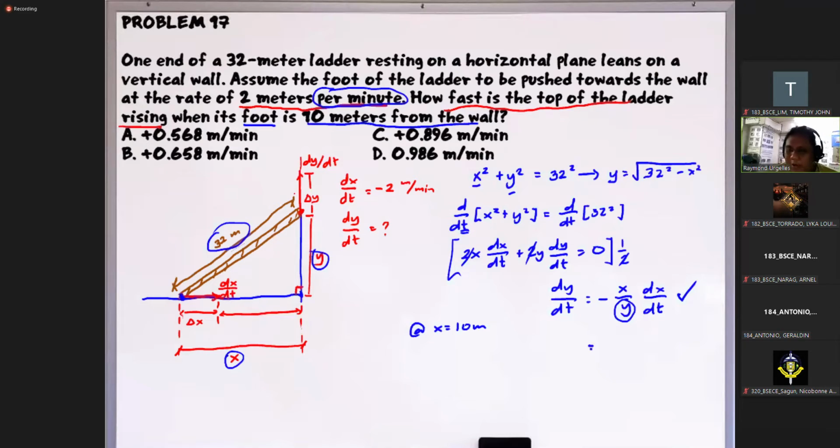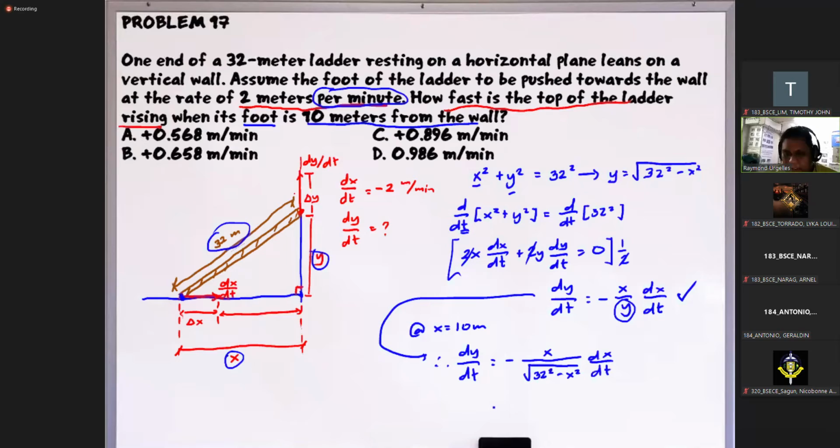So palitan lang natin yung y dito. Okay? So diretso ko na dito. Therefore, dy/dt will be equal to, again, negative x over square root of 32 squared minus x squared, multiplied by dx/dt.